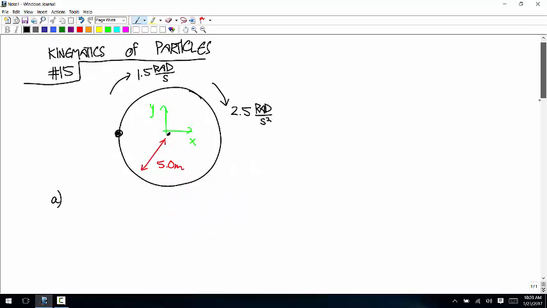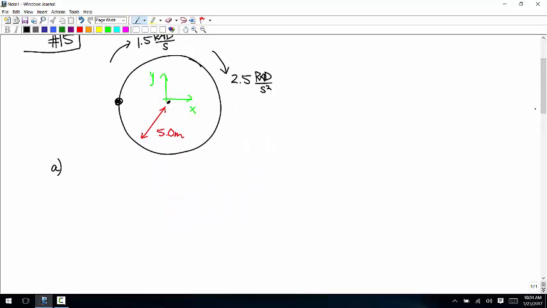And it asks for a few things. First, what's the velocity vector of the passenger? So let's call that P. What's the velocity of that passenger P, assuming the center is at rest? Well, that's just regular circular motion.